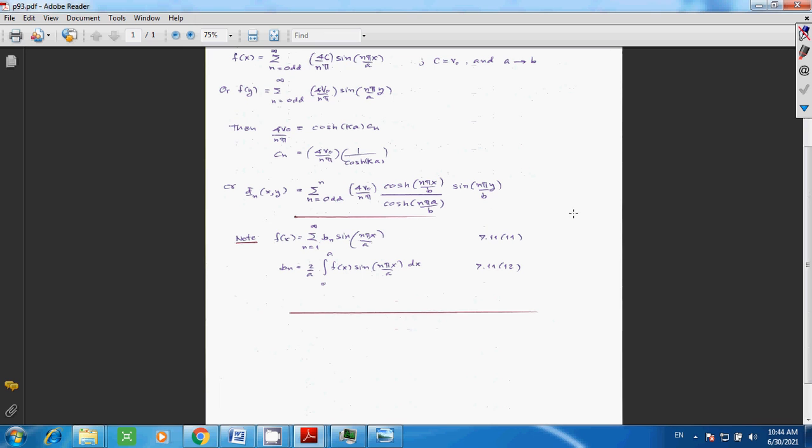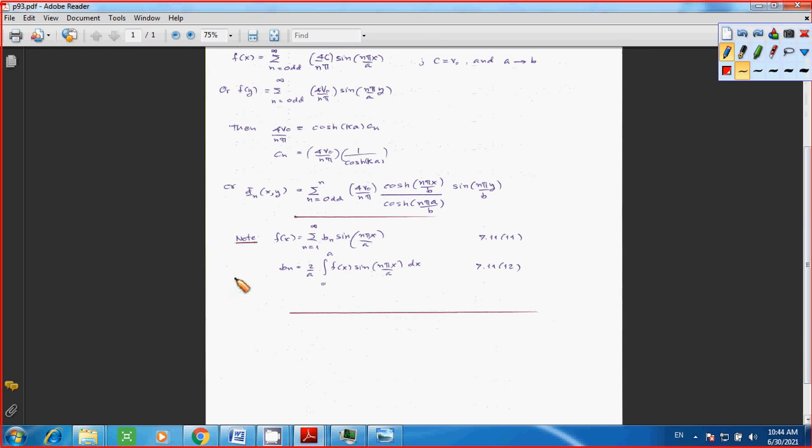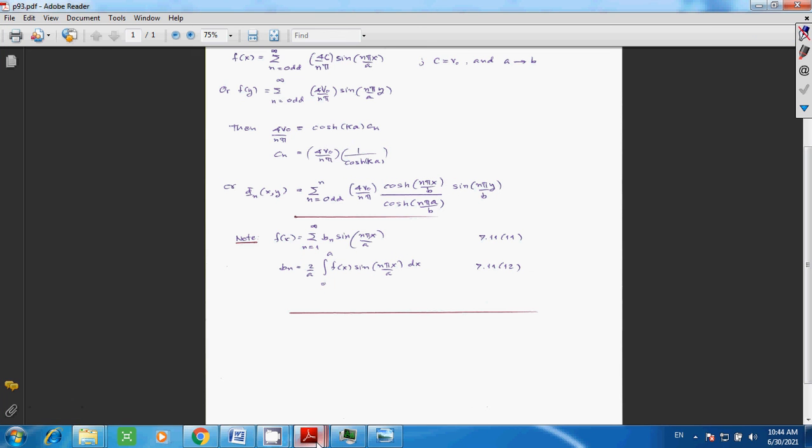Okay, so this is how we get started for the Fourier series. f(x) equal to summation bn sine n pi x over a, and you can look for bn by integration of the function multiplied by sine.